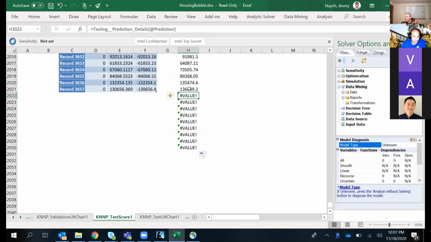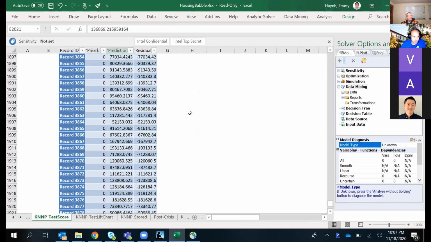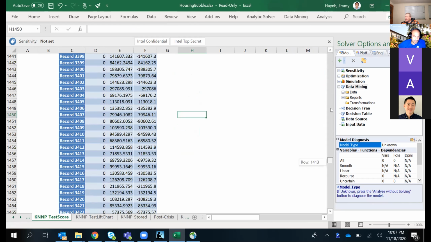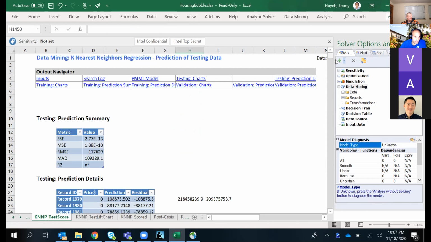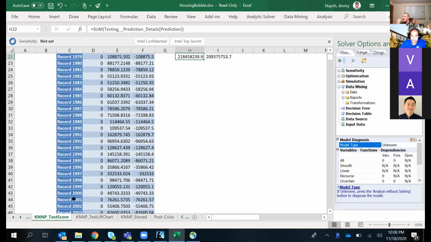Actually, no, the first pre-crisis is 3978, and the post-crisis is 3658. So there's a different number of houses even here. I think we're just supposed to take the first 2,000 in the test set. I believe that's probably what he means. Sorry, when I compared the two test sets, it's 2,000, so that's why it lines up. Oh, okay.